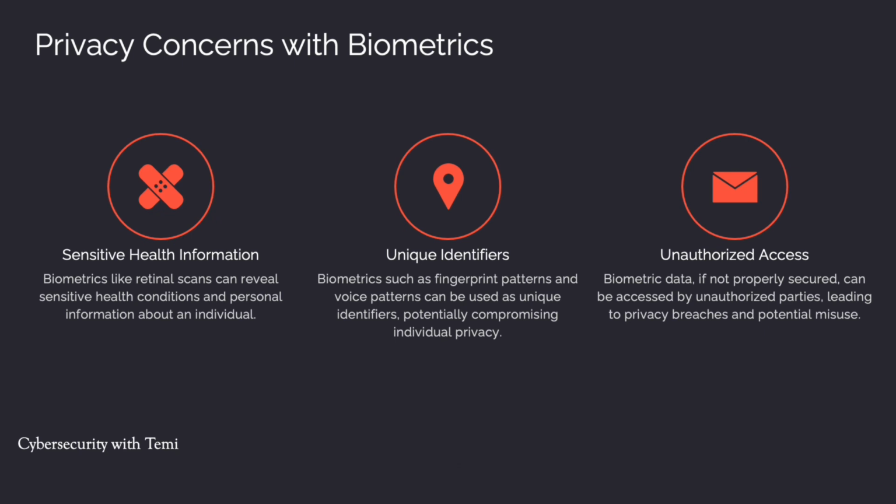Another concern is that biometrics serve as unique identifiers, unlike a password, which can be changed over time. Your biometric data is permanent, and so if it's compromised, that poses a severe risk. That means for life, that person has your data, that unique identifier that uniquely defines you. Another concern is that unauthorized access to this data could result in significant privacy breaches and misuse.